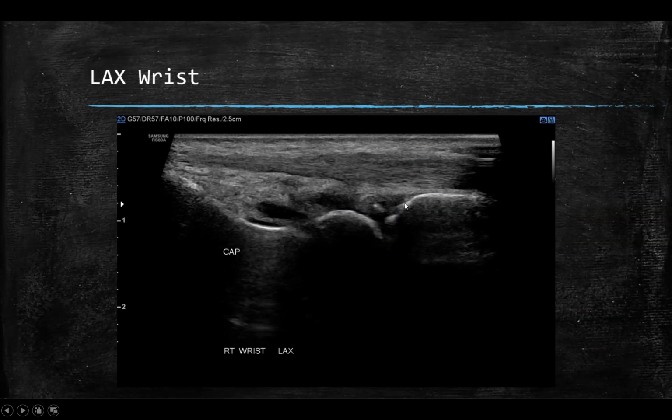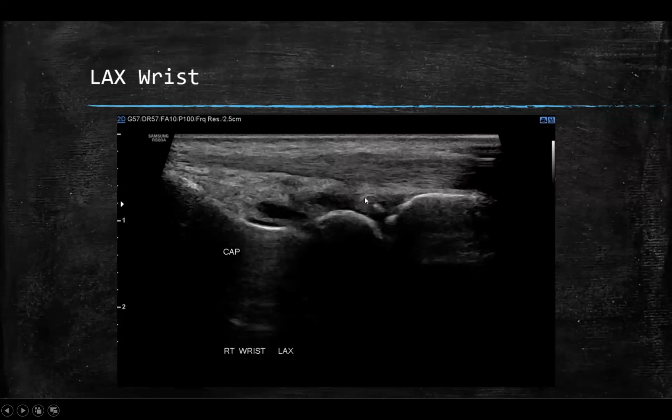Pay special attention to these recessions between the bones and the hypoechoic areas that come out of them. These are called the dorsal synovial recesses, and these are folds of synovial tissue that come out of the wrist joint and can serve as windows into the joint and give you clues about what's going on in the intra-articular wrist. There are 2 of these dorsal synovial recesses.